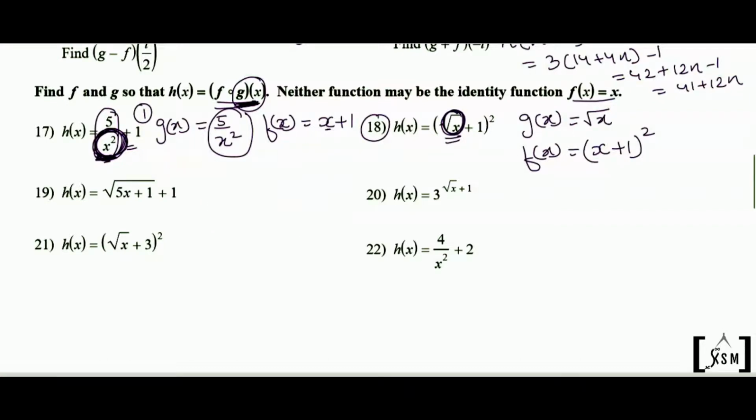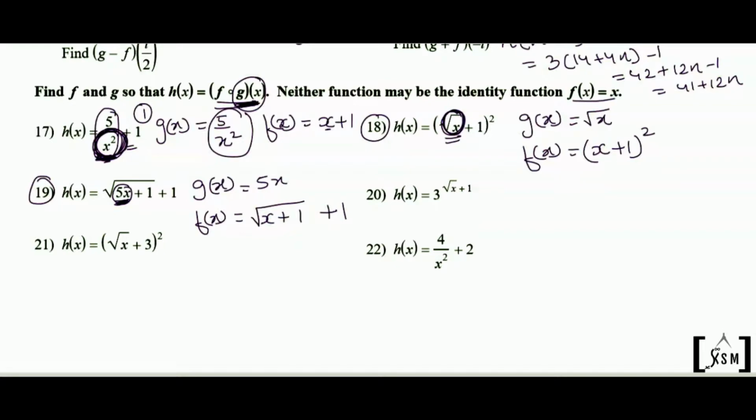Fine. Question number 19. I will suppose g(x) as only 5x. That's quite easy. Because I have supposed this as g(x), my f(x) will be square root of, in place of 5x, because that was my g(x) function, I will just write x, plus 1, and that plus 1 is one more. That is my f(x).